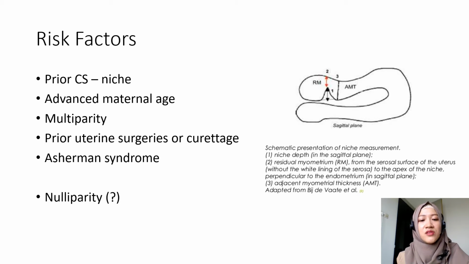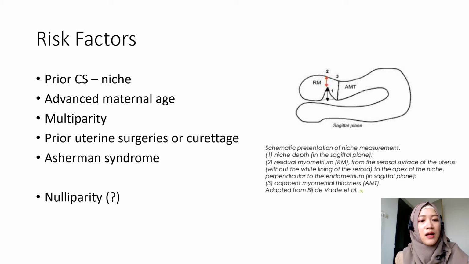Any other uterine surgeries that open the uterus will give you a risk factor for PAS disorder development, and also curettage. Any action of entering the uterus will lead to scarring of the uterine wall, and you will have a higher risk to develop a PAS disorder.